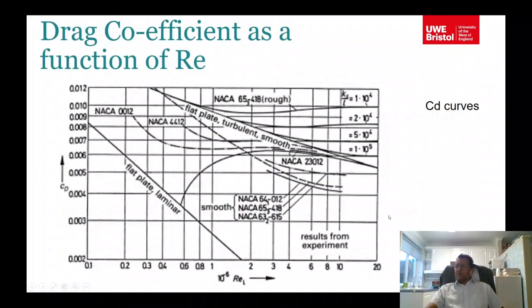This is the drag coefficient CD, and this is the Reynolds number RE. These are for smooth aerofoils. This is for an entirely flat plate, smooth flat plate turbulent. Now this is laminar. These are some similar aerofoils that give you different values.